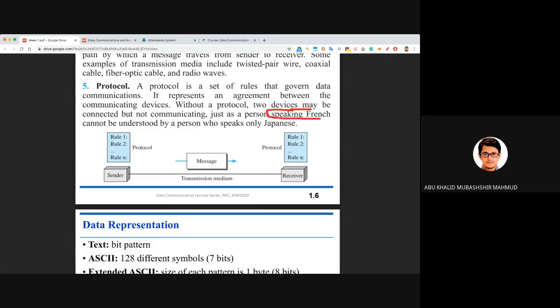A French speaking person can only talk to a person who knows French, but he cannot communicate with a person speaking only Japanese. That's why, before any data communication or telecommunication occurs, we need to have a set of rules that govern the data communications. Hence, this protocol is the most important component of data communication.